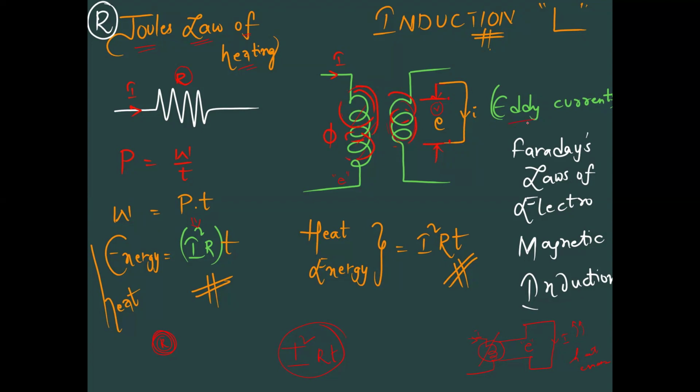Those currents are nothing but eddy currents. These eddy currents only will bring some heat energy. With the help of that heat energy only, we can have some heating effect. That is I square RT. That's it. This is the principle I used for which type of heating here? Induction heating. Just write this. That's enough.